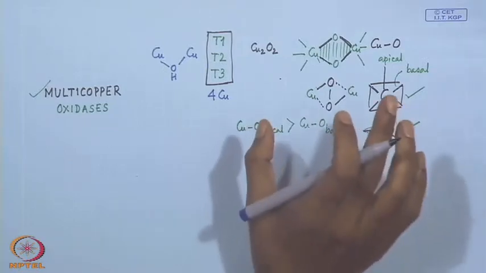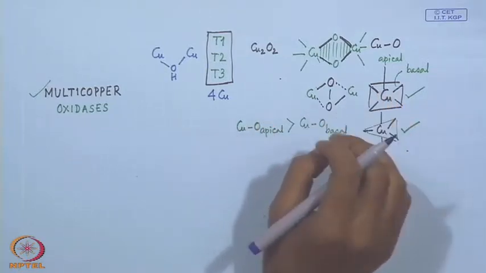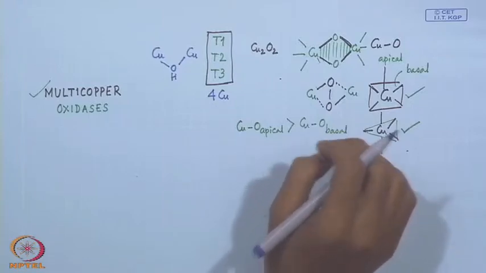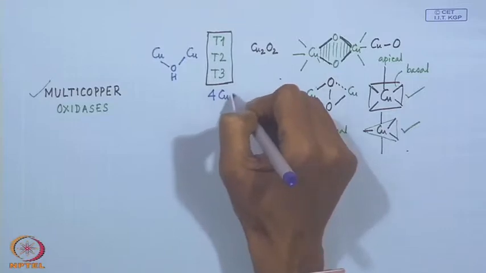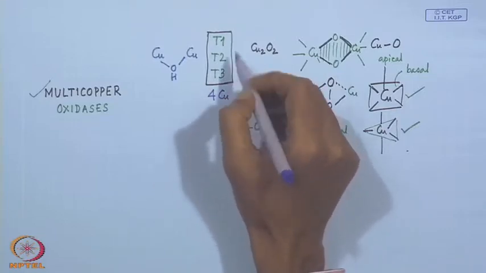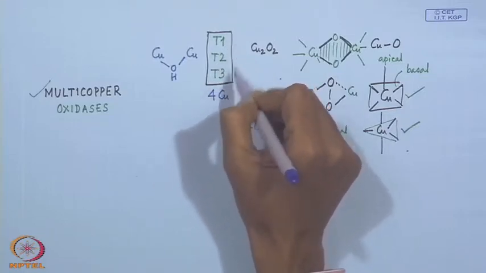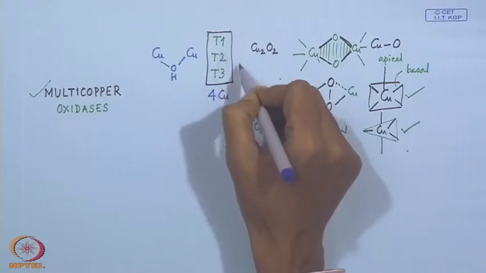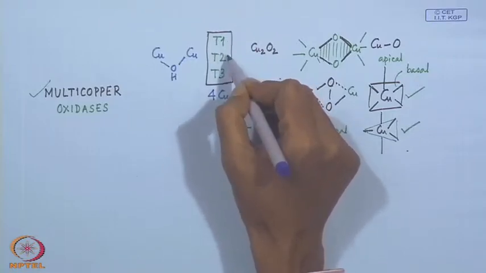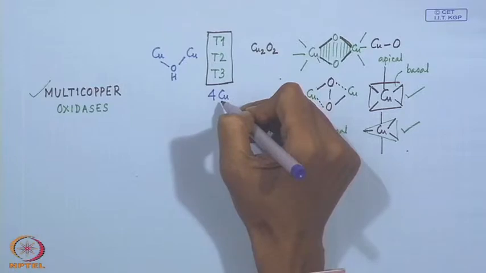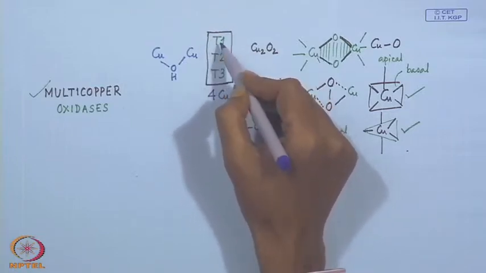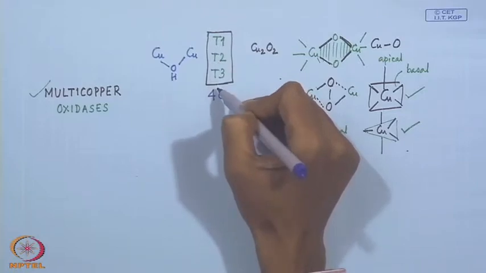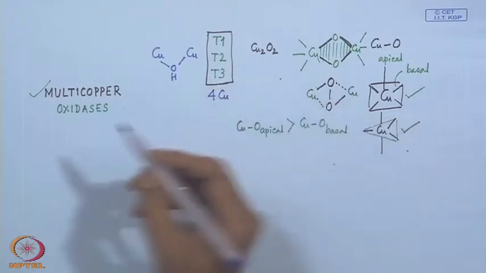In the biological system, what people have tried, and we succeeded to characterize, is that it also contains a T1, meaning the typical signatures for T1 are present, T2 is there and T3 is there, and if you sum up all 3 types, it will be 1, 2 and plus 2. So, 4 copper centers will be there.